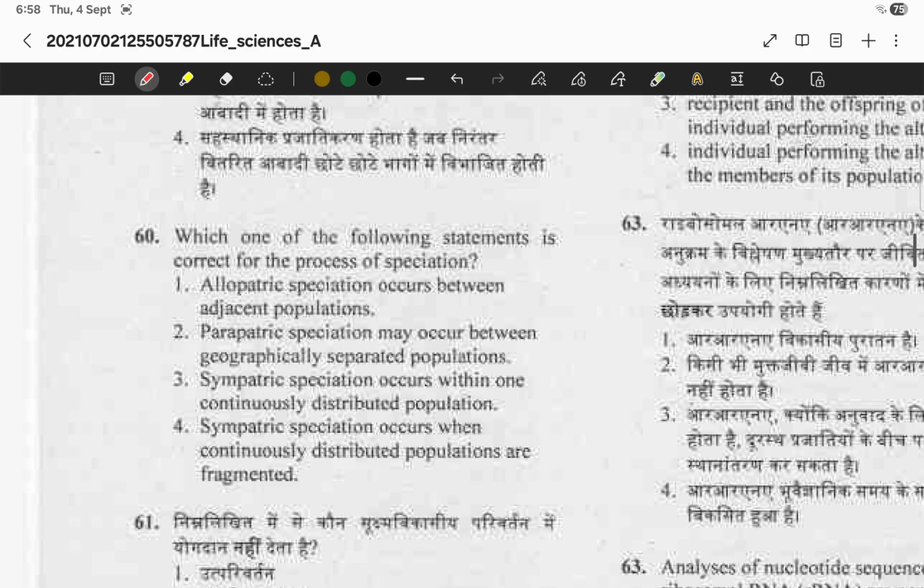Which one of the following statements is correct for the following association? Allopatric speciation occurs between adjacent population. Parapatric speciation occurs between geological. Listen, allopatric are like this. Okay, parapatric are like this. Sympatric are like this.